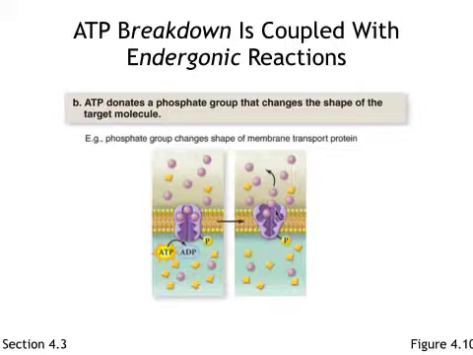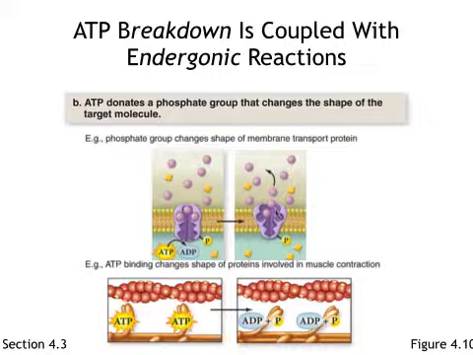You can see there that the ATP is donating a phosphate group, that yellow ball, and that actually changes the shape of the transport protein. So when its shape is changed, it releases chloride molecules, in this case, out of the cell.